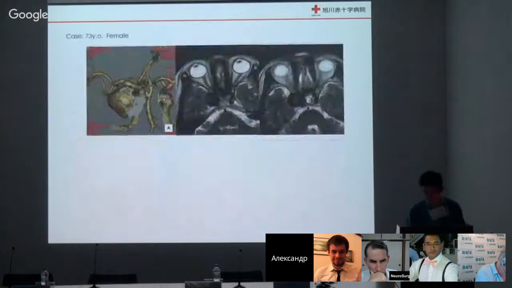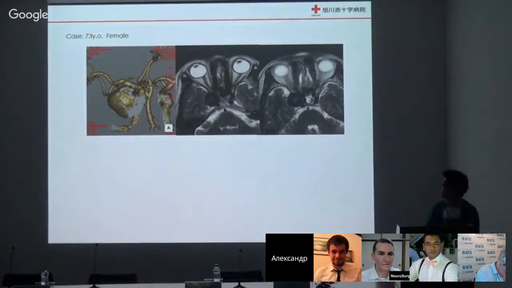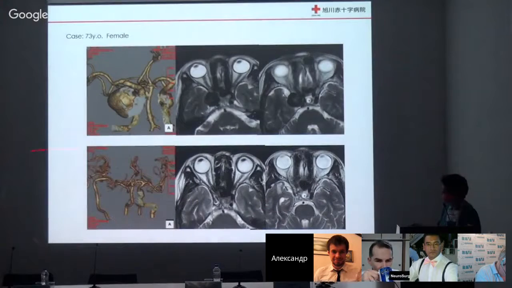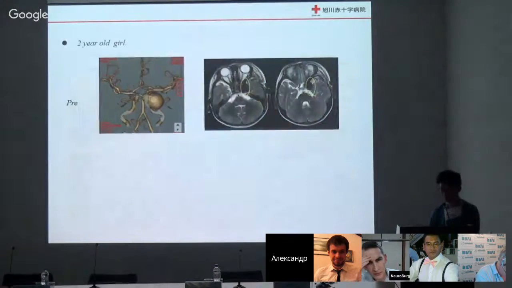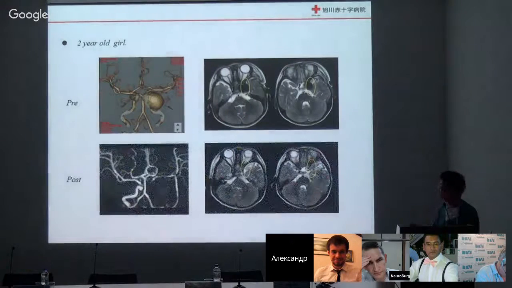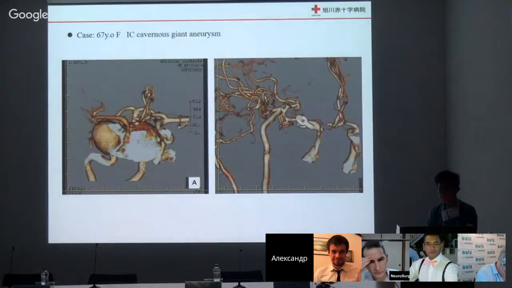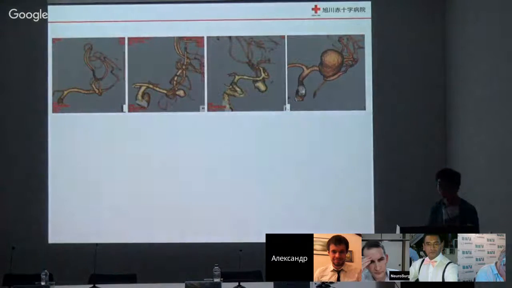These are 73 cases of high flow bypass and IC ligation. The aneurysm gradually thrombosed and disappeared. This is a 2-year-old girl with a left-side cavernous giant aneurysm. Also, we can treat her with high flow bypass and IC ligation. This case is also okay.